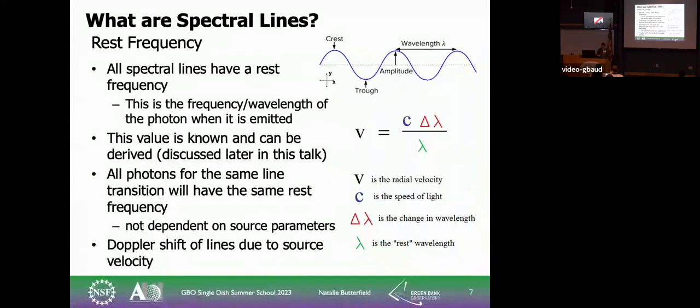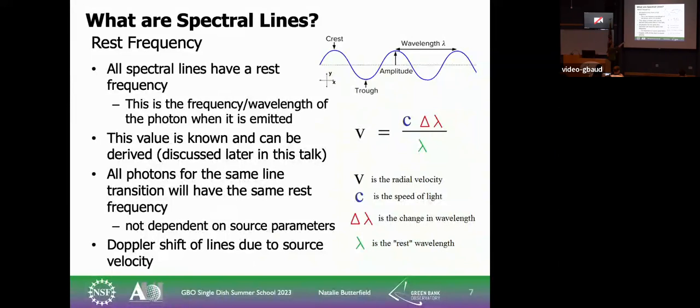One of the big things I wanted to mention is that there's this Doppler shift of lines due to your source velocity. I have the equation shown here, very simplistic, where the radial velocity of your source can be derived using the speed of light along with the change in wavelength.